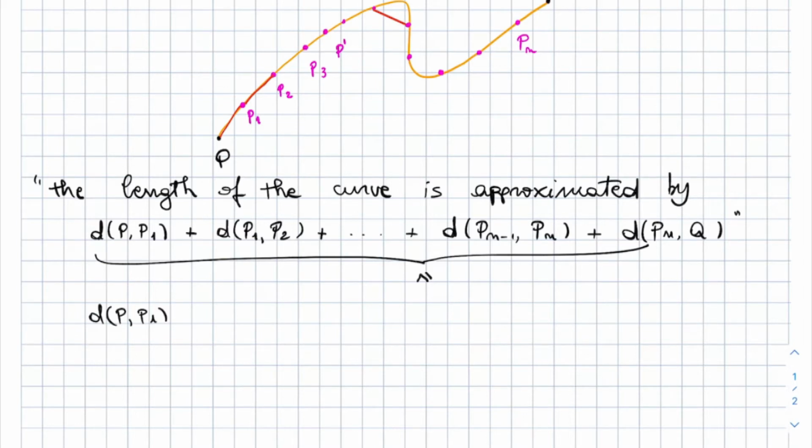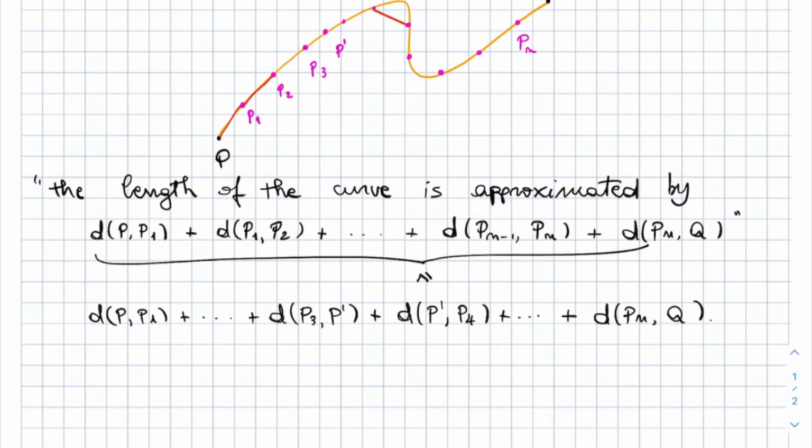So it's smaller or equal than the distance between P and P1 plus, up to the distance between P3 and P prime plus the distance between P prime and P4 plus, up to the distance between Pn and Q.